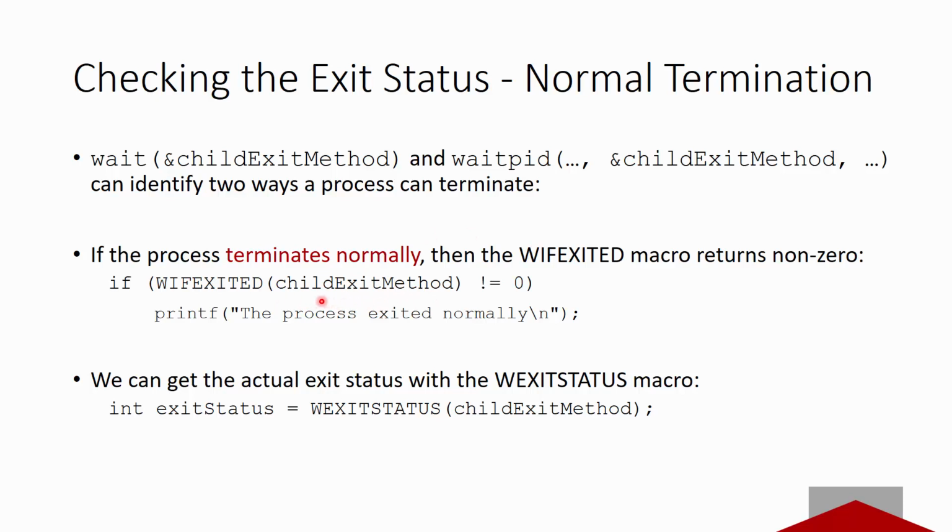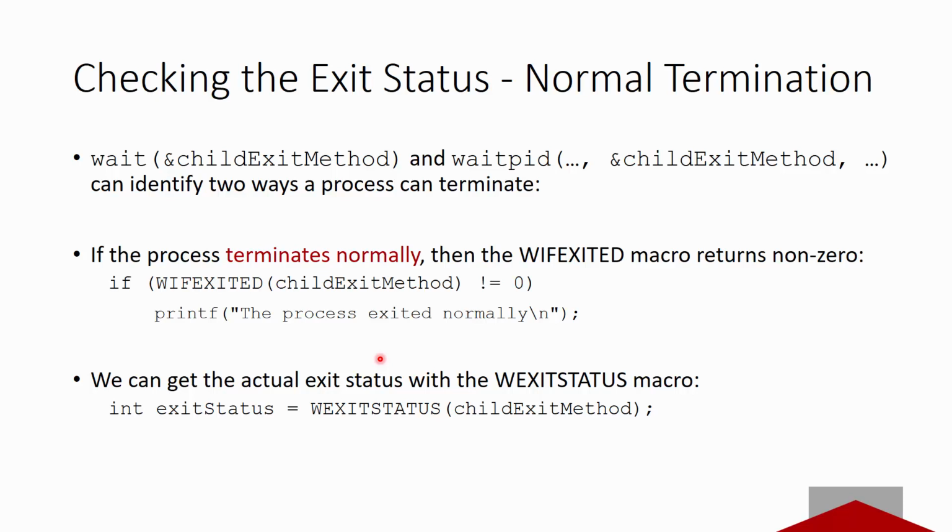Remember, you can't just look at child exit method. You have to run the WIFEXITED macro on it. And if this thing is non-zero, then we know that the process exited normally. That's WIFEXITED. If this is true, then it exited normally. And if we did in fact know that it successfully exited, then and only then can we look at the actual exit status. So this would be like, exit 5 or return 0 or whatever it is.